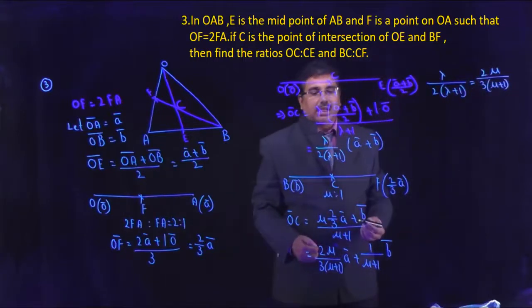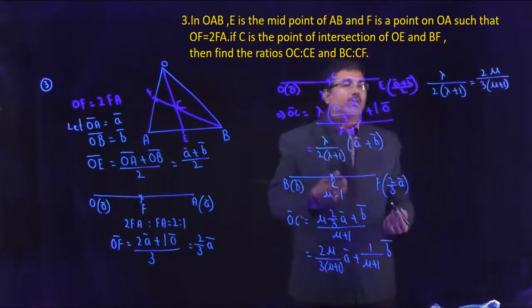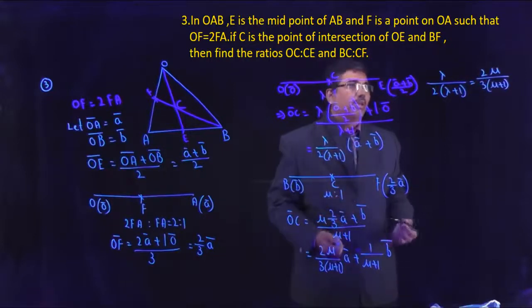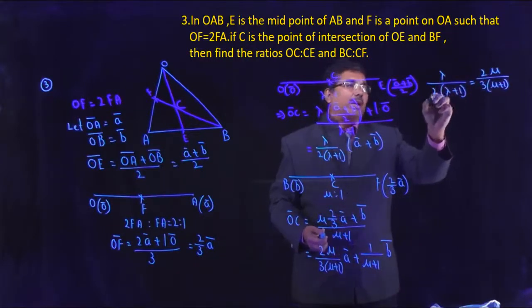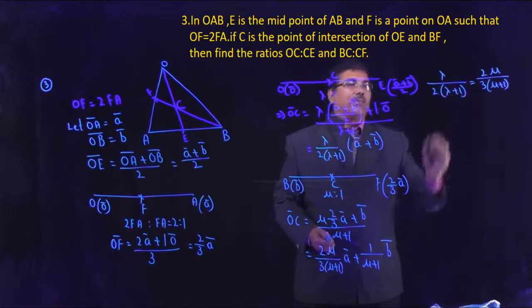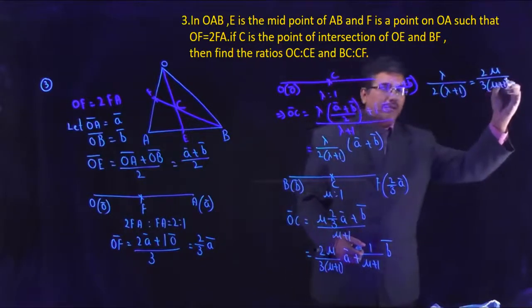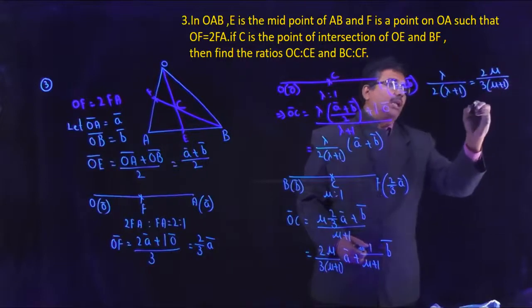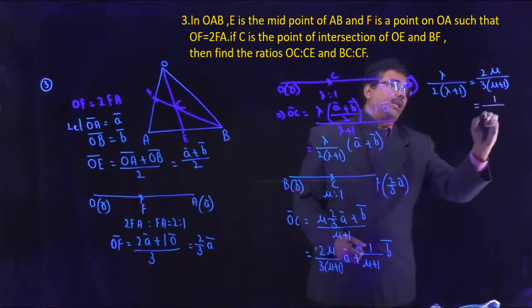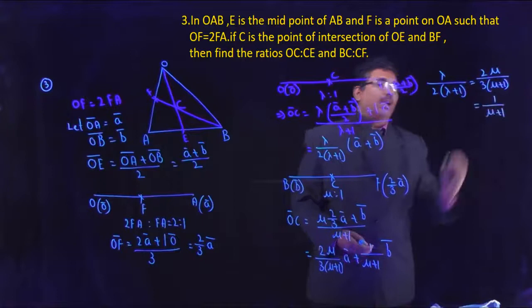Right, here the coefficient of b bar is lambda by 2 times (lambda plus 1), which is equal to the coefficient of b bar, 1 by (mu plus 1).